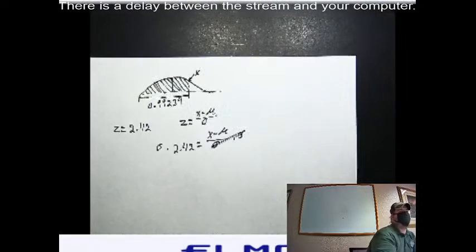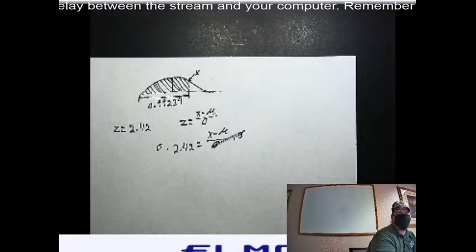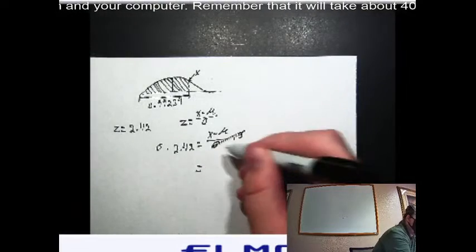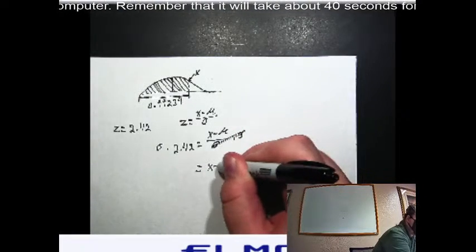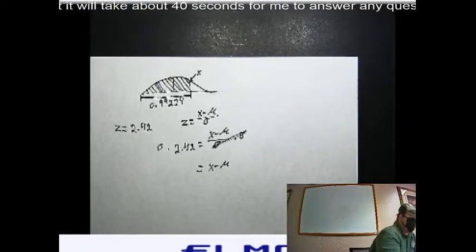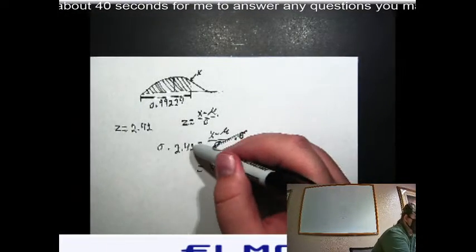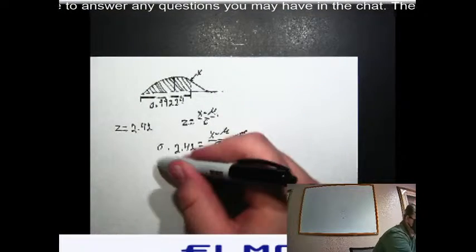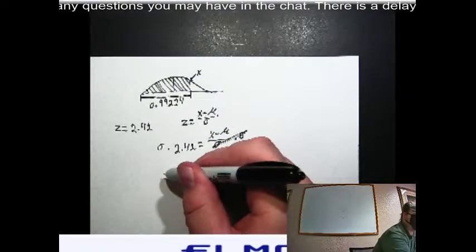So multiply by standard deviation on this side as well. And so on this side, we are left with x minus mu. And this side, 2.42 times sigma. Well, the best we can get out of that is 2.42 sigma.